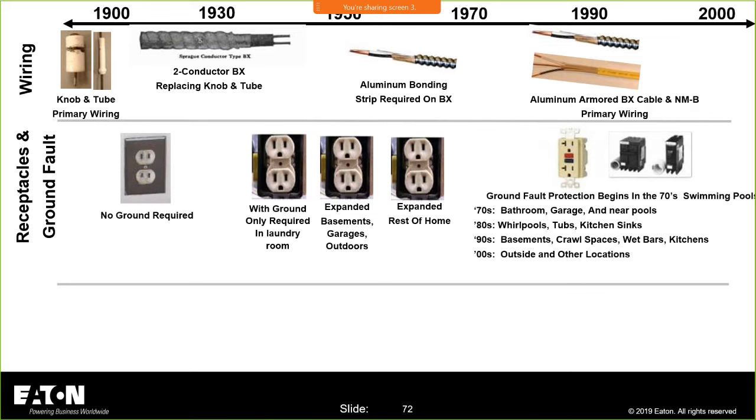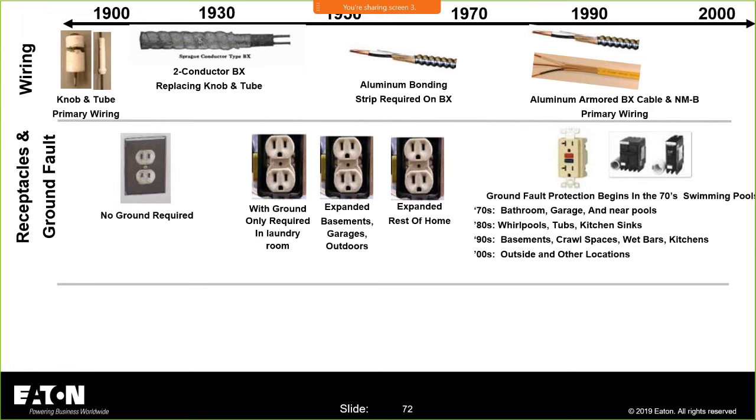But did you know that in the National Electrical Code, there was an expansion of the three-prong grounded receptacles? We always had two-prong, hot and neutral type receptacles, but there was a progression of adding that equipment grounding conductor.